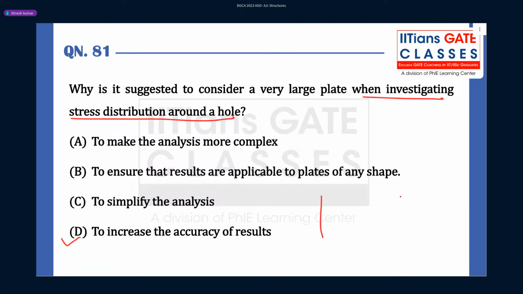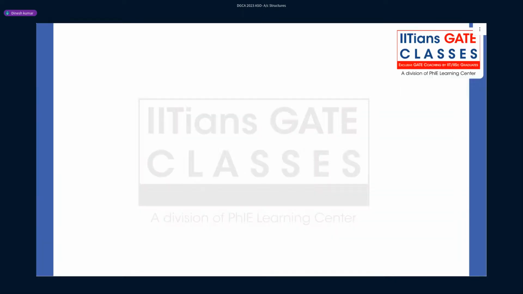Usually what happens is, if your plate is small and has a hole and we are investigating stress, then the edge distance will affect the stress distribution at the hole. So it is better that a very large plate is used to increase the accuracy of the result. So this is the answer D.